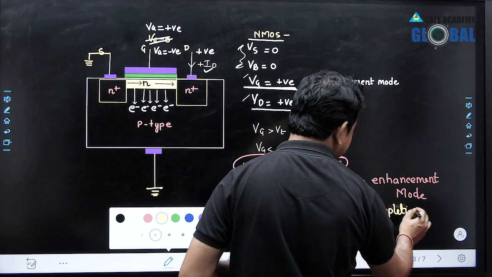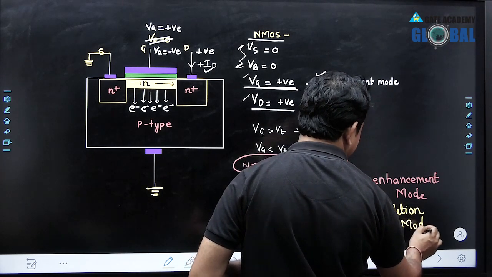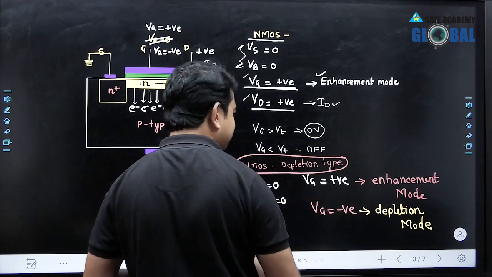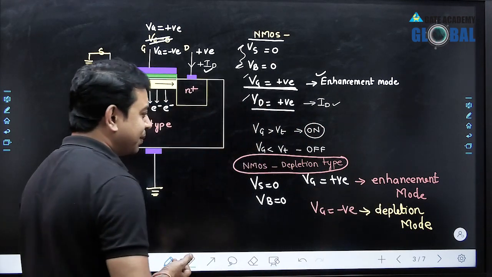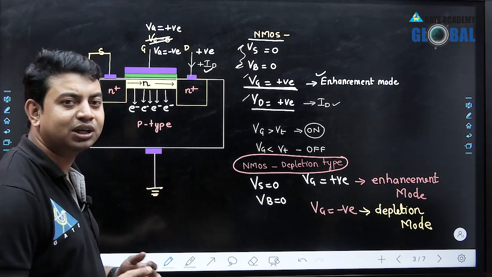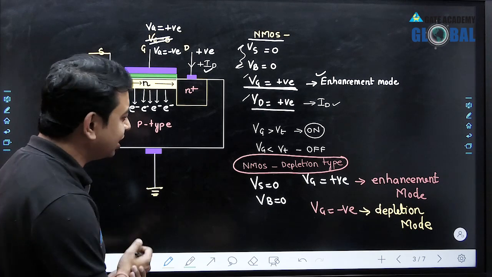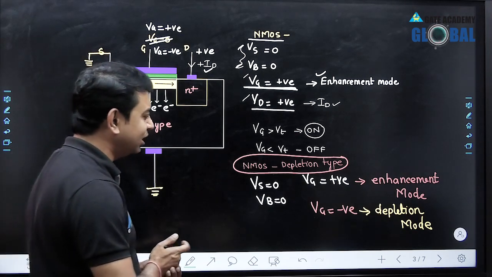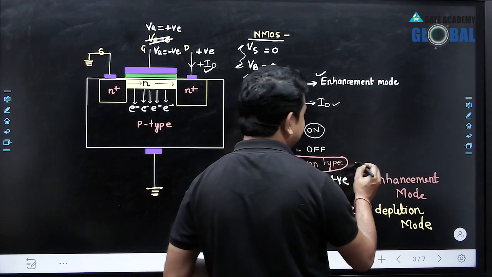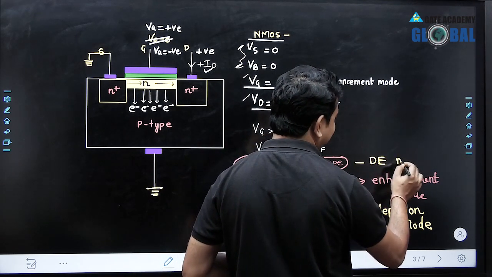We can use it in depletion mode of operation. Either we can apply a positive voltage to attract more electrons to increase the conductivity, that means we are enhancing the conductivity, or we can reduce the conductivity. So depletion type MOSFET can work in both modes, depletion and enhancement mode of operation.